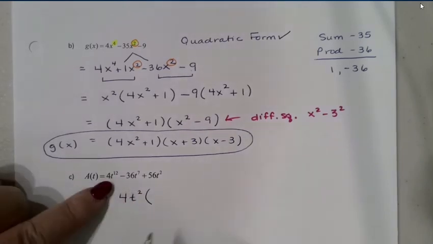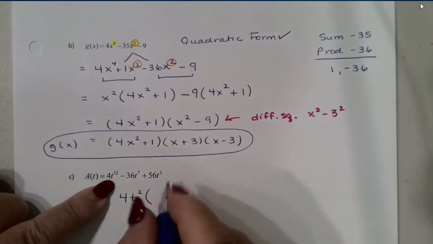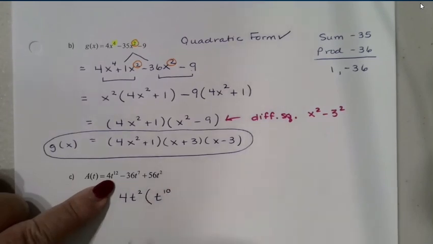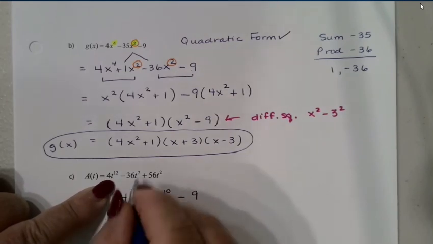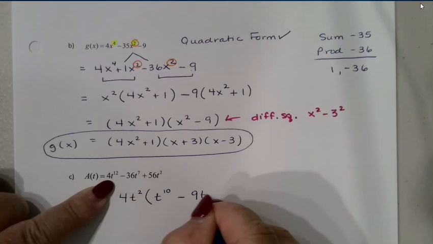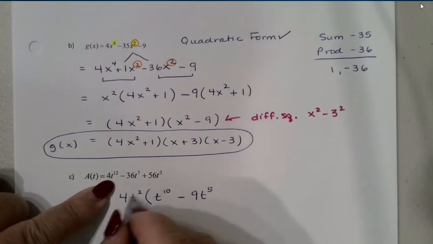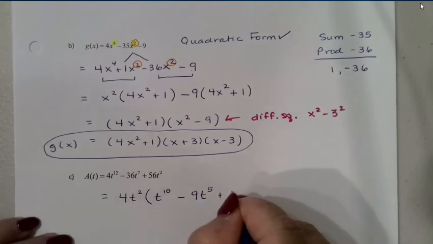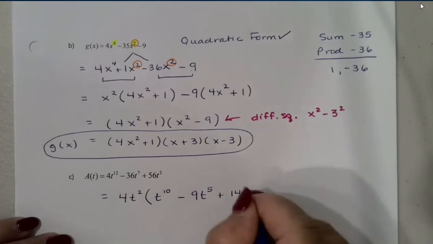So that is going to leave me t to the 10th, right? 2 plus 10 gets the 12. Minus 9 t to the 5th. Plus 14, just 14.